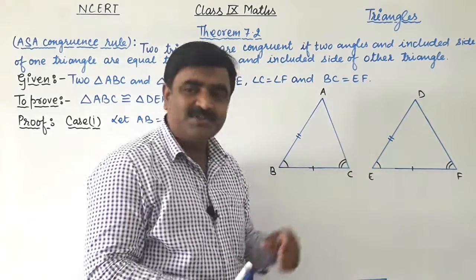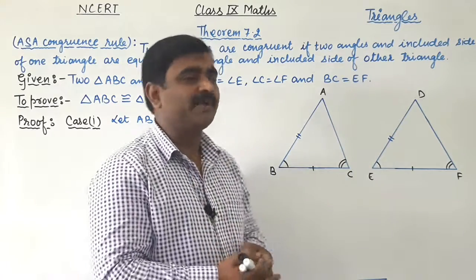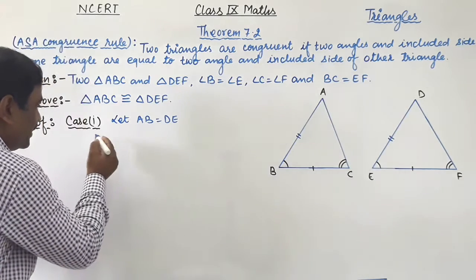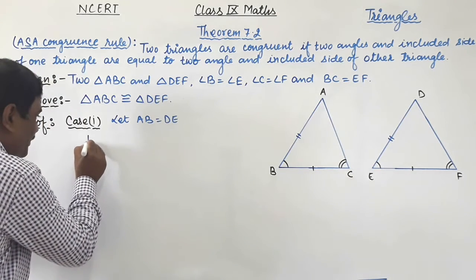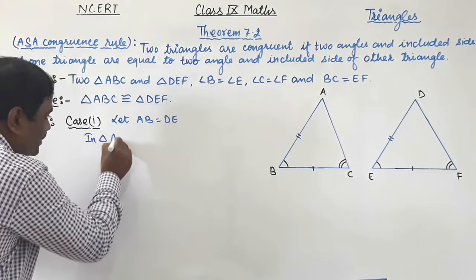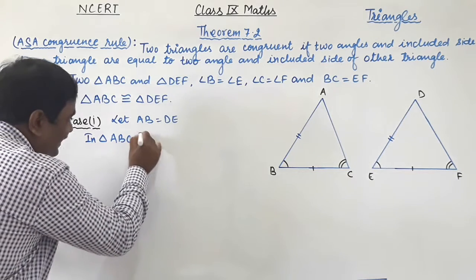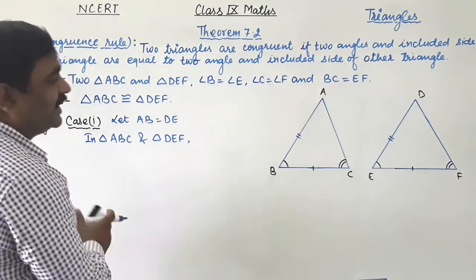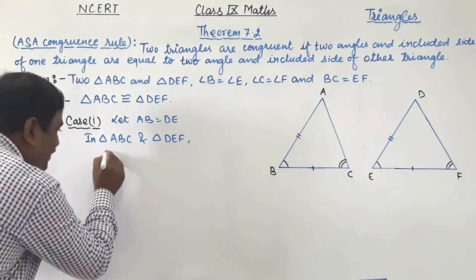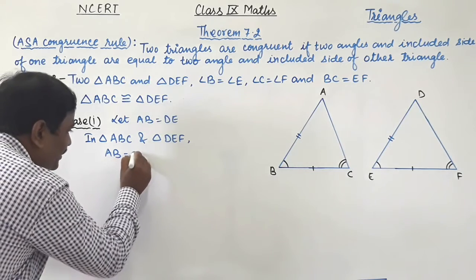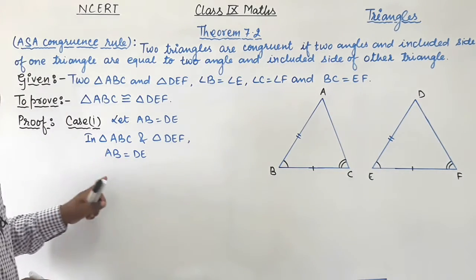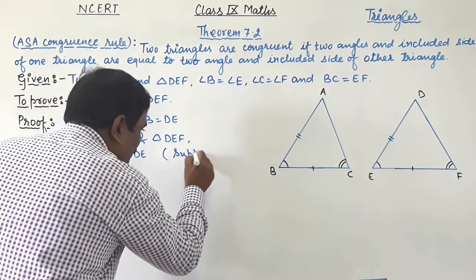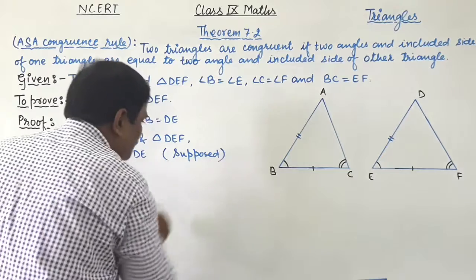When you have taken AB equal to DE, now we are going to compare these two triangles, right? Which two triangles will we compare? In triangle ABC and triangle DEF, as we have now considered, AB is equal to DE, which is supposed.